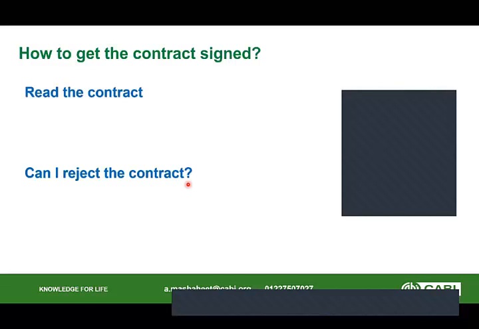Some grants or some calls have that condition clearly stated in the eligibility criteria and the guidelines.